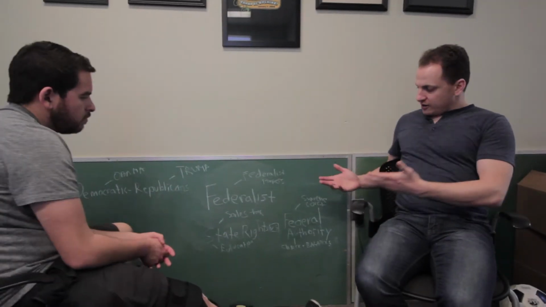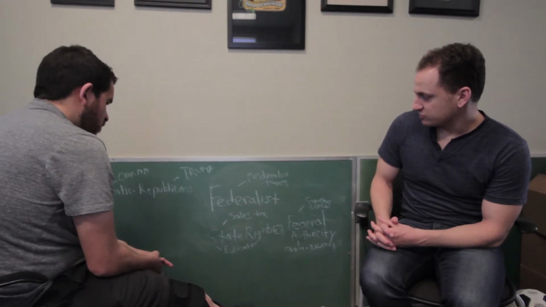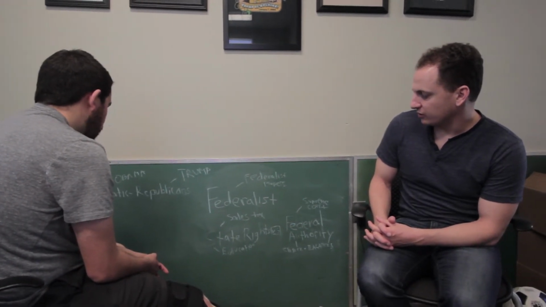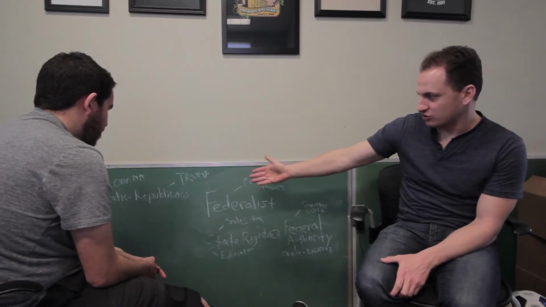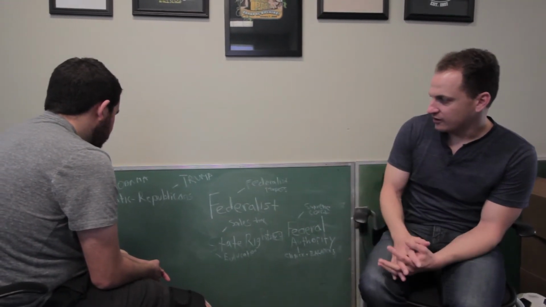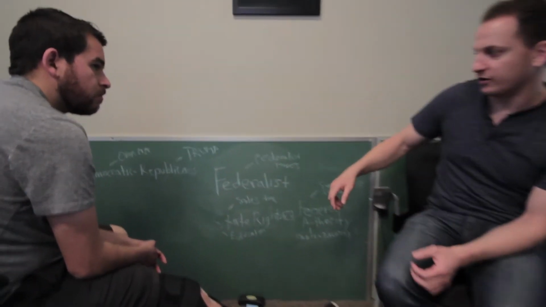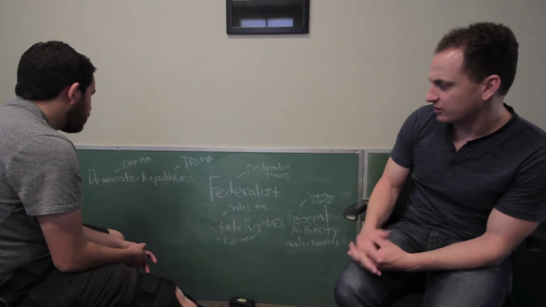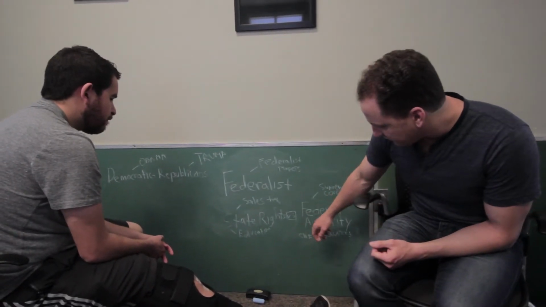All right, guys. I see you've written down some things. This is pretty good. You guys are on the right track. I see here we have Trump, and we've got Obama here. These were not at this time though. This was one political party, but I can see you guys are on the right track. So for states' rights, we have education.